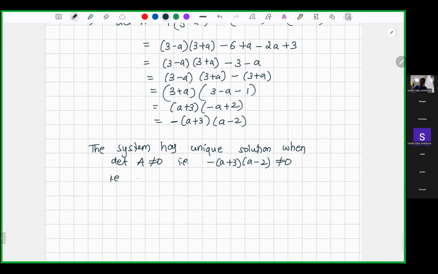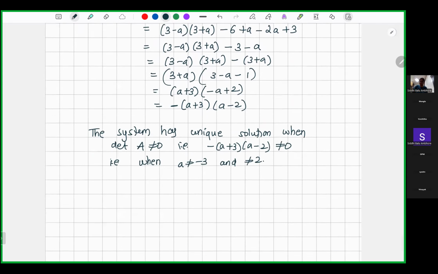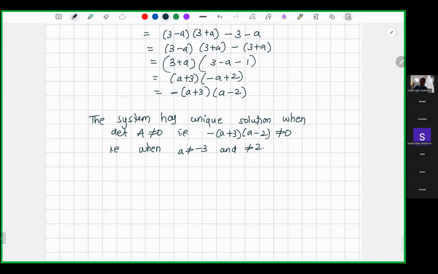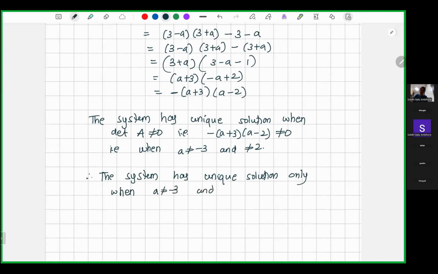That is when A is not equal to minus 3 and A not equal to 2. Therefore, the system has unique solution only when A is not equal to minus 3 and A is not equal to 2.